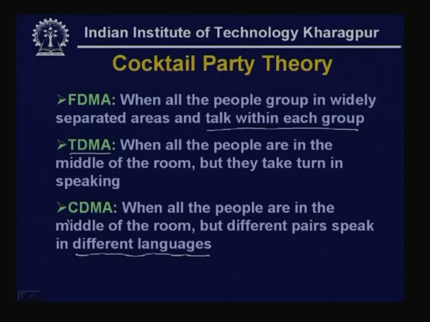So, this is equivalent to CDMA, or code division multiple access. Here we shall see how all the people can talk simultaneously at the same time. They will not interfere with each other, and each of them can separate what they are talking within the group. So, this is the cocktail party theory, the analogy of the three channelization approaches based on the cocktail party theory.